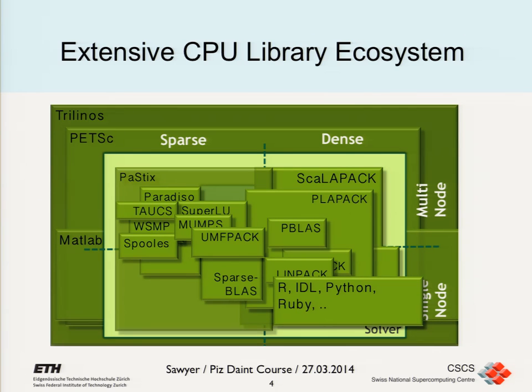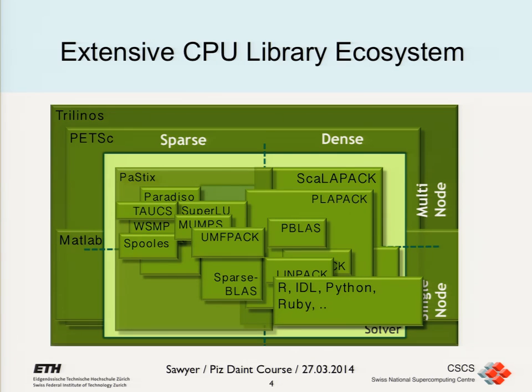This is a slide from Nvidia, actually, from Peter Messmer, who some of you might know. And it's the library ecosystem for CPUs. He split it up into a taxonomy for multi-node and single-node, right? So distributed memory, single node, shared memory, and then for sparse and dense problems.